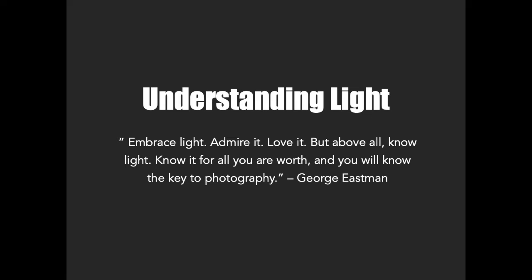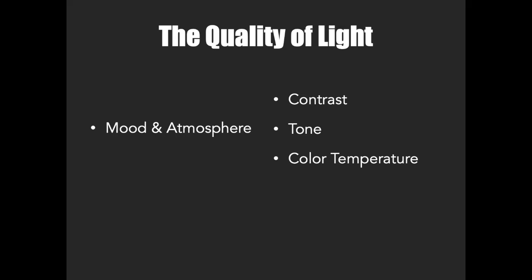Let's start with the quality of light. Light is a key factor in creating a successful image. Light determines the brightness and darkness, which create contrast. It also determines the mood and the atmosphere of the image. Why? Because it differs in color, the color temperature of the illuminating light, and tone, the variation of light in a scene from shadows to midtones to highlight.